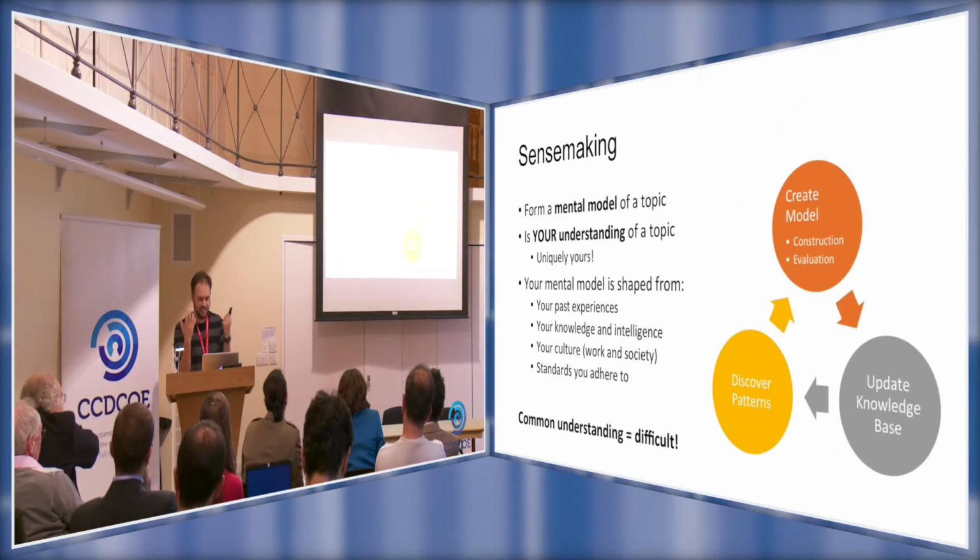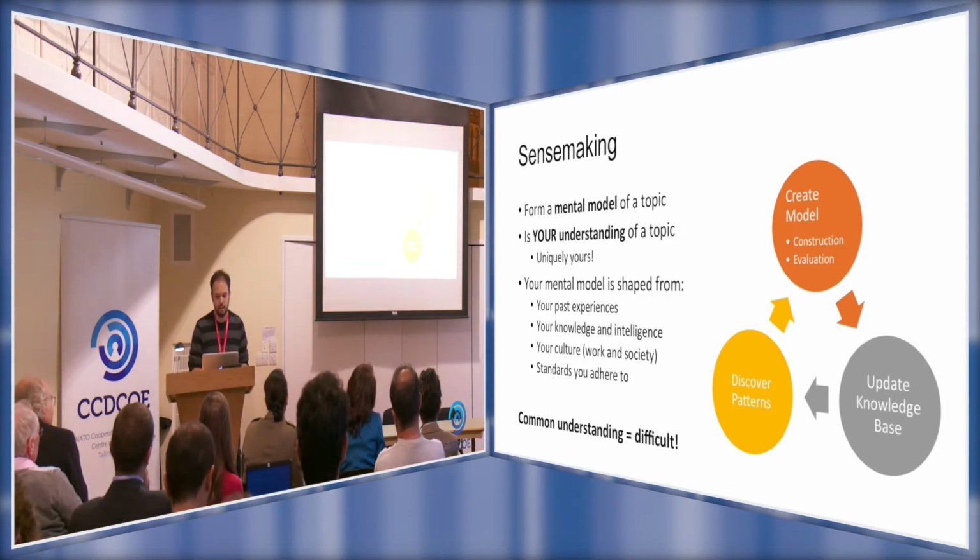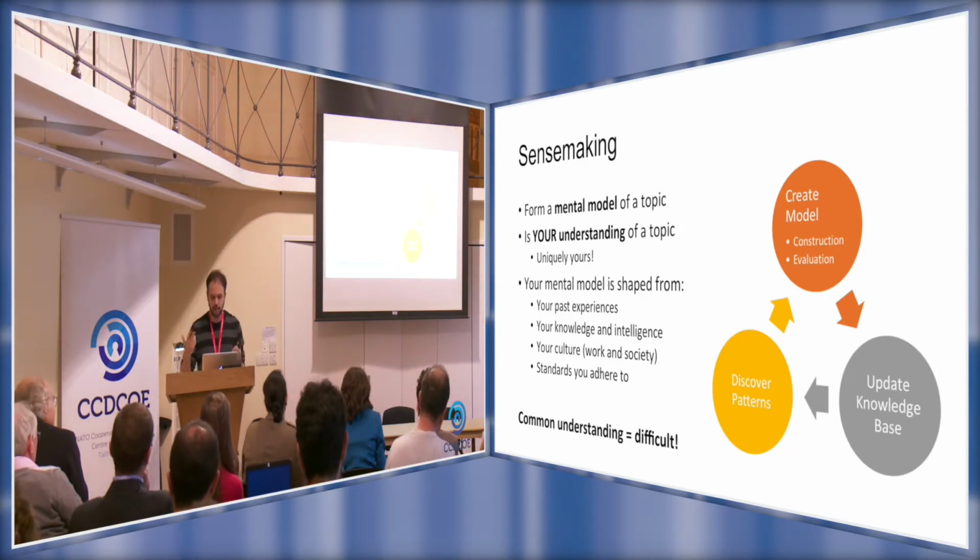And we all make sense out of these attacks very differently. Even the audience here today come from a variety of different backgrounds, some legal, some policy, some techies, some international relations. It can be anything. But what we all have in common is that we have this ability to form mental models of what we imagine attacks are. Those mental models are uniquely yours, and they are shaped by your past experiences, your knowledge, your intelligence, your culture.